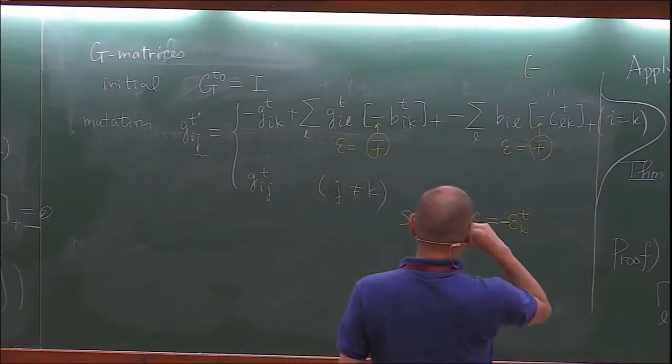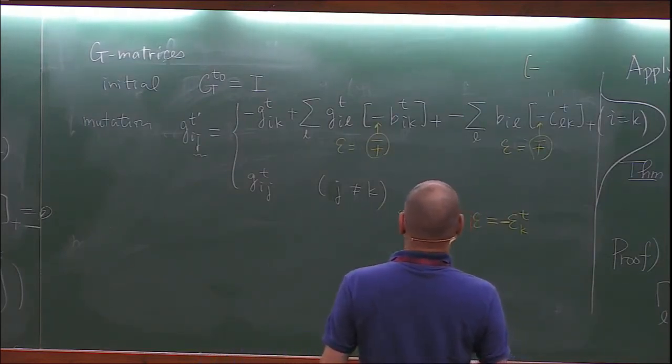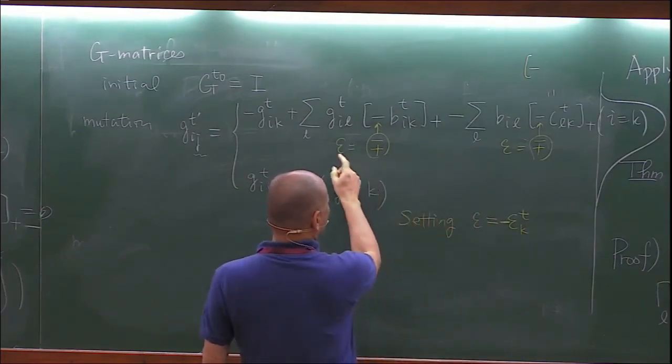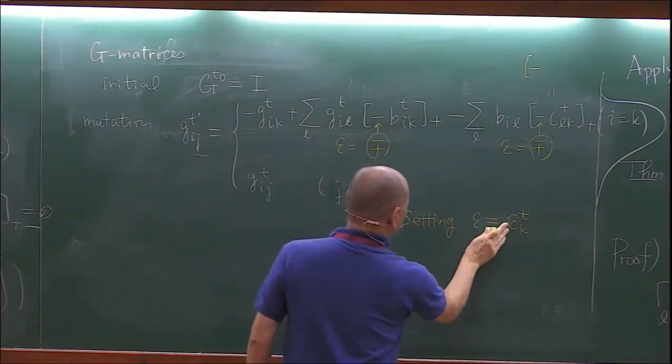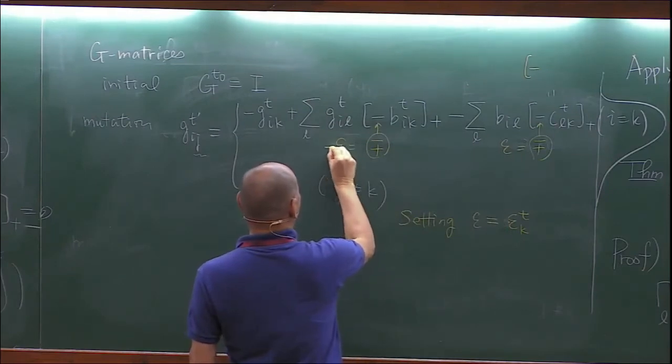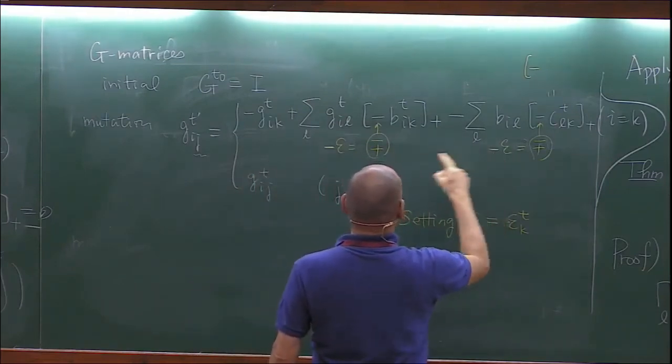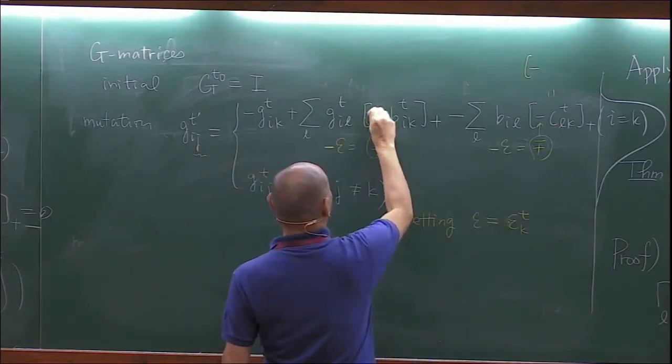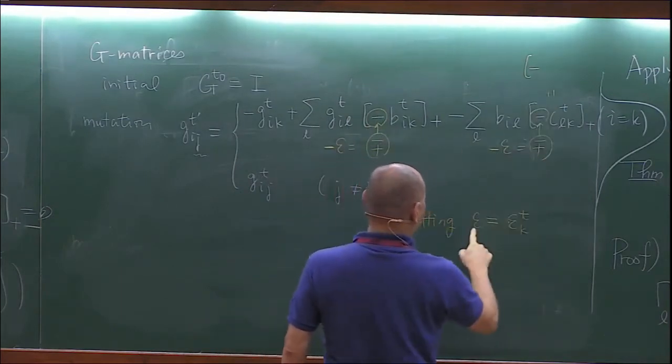So, what is the best way to write it? Just set it so: write this portion as minus epsilon and choose epsilon.